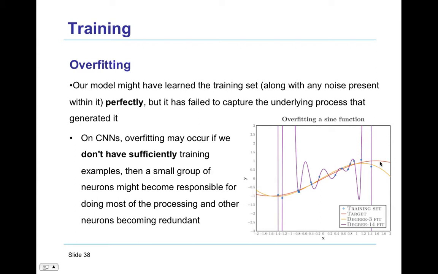And what happened is that if you let it run freely, you can come out with a polynomial of degree 14, for example. That is this purple one, right? It's fitting perfectly. It got all the training examples. But if you came up with a new one right here, you're gonna see that it will not generalize.